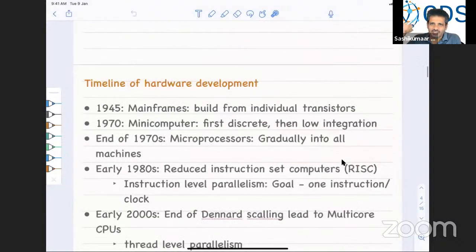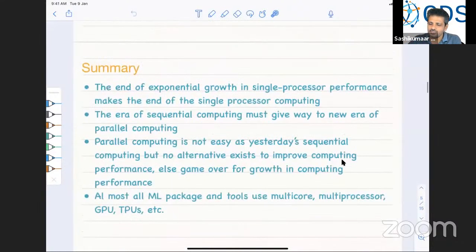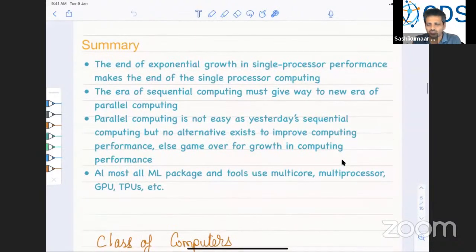Right now, you see the evolution. We started with single-core processors, and for almost 25 years there was no progress other than an increase in speed. Of course, it's a very good speed, but post 2004 it changed to multi-core, and especially post 2010 GPUs got introduced, and that is also coming in a very big way. That is the reason it is not the same as 20 years before.